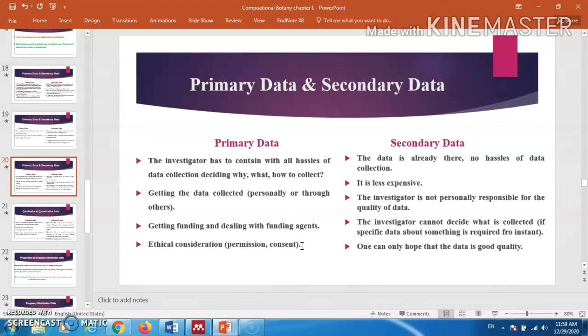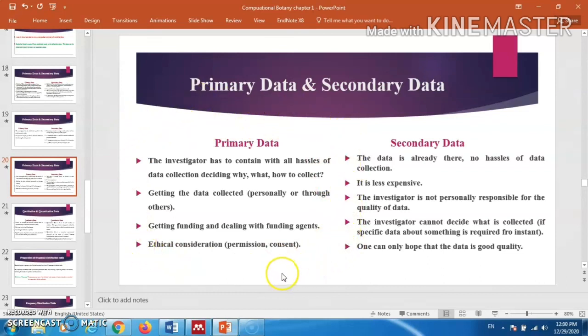You have to take previous permission, then you can visit that particular area. These things happen in case of primary data. Collection of primary data is a somewhat tedious job, and you have to tackle all these situations.